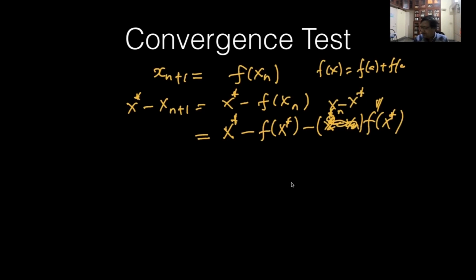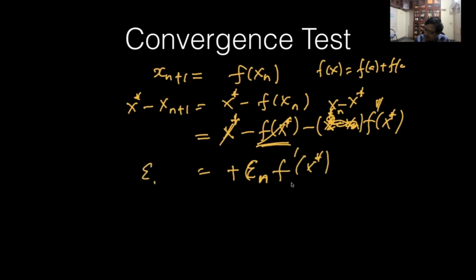Okay, so that is f of x n. What is f of x star, which is the same as x star? That's the definition of the fixed point. So this cancels, and I get x n minus x star, which is the error epsilon n. So it is plus epsilon n times f prime of x star, and this is epsilon n plus 1.